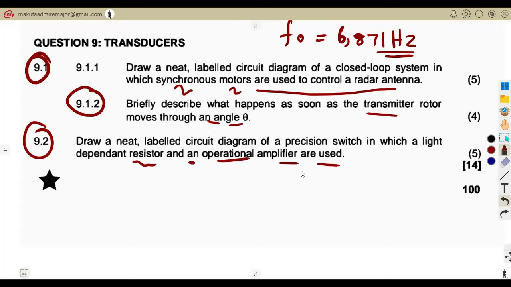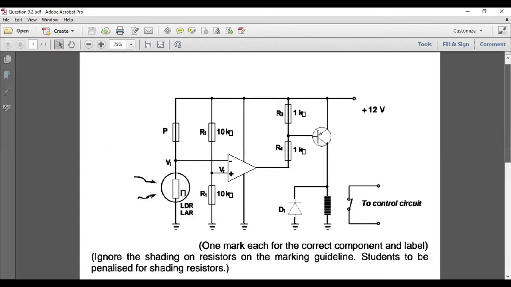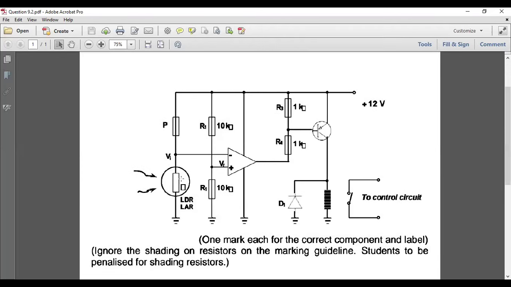So this is what they needed you to have. And in this presentation, be very careful in terms of how you draw your components. As we are given on our diagram, you're going to have our LDR, light-dependent resistor, our transistors, and also the operational amplifier is given to the what?